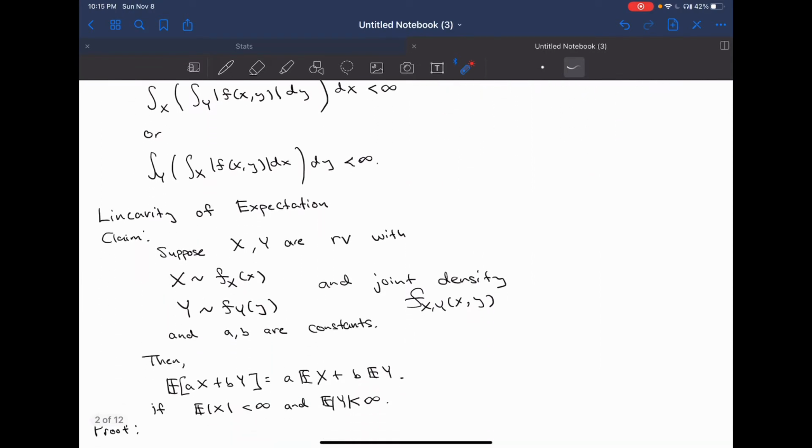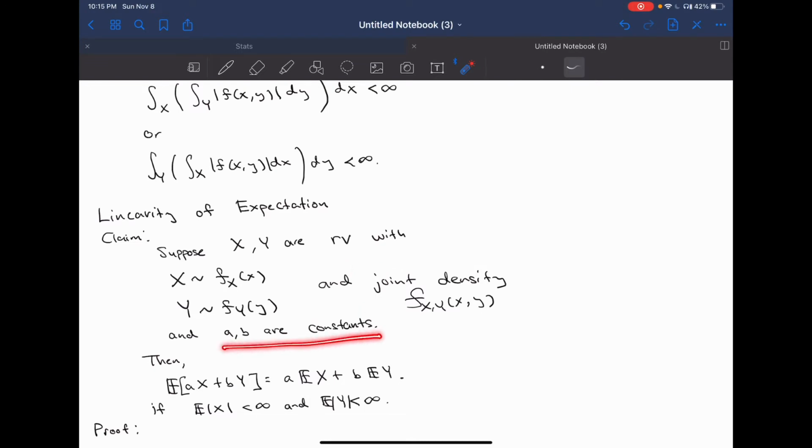So linearity of expectation. Suppose X and Y are two, let's say they're continuous random variables just for simplicity, but it can be any random variables. Let's say X has this density f_X of x, and Y has density f_Y of y. And let's say they have a joint density f of xy.